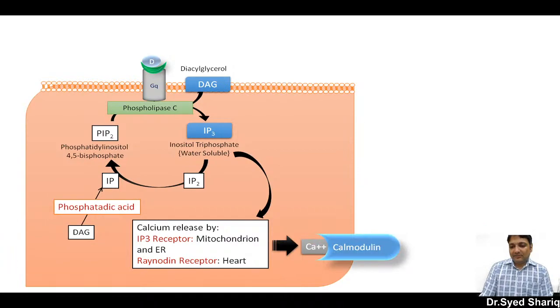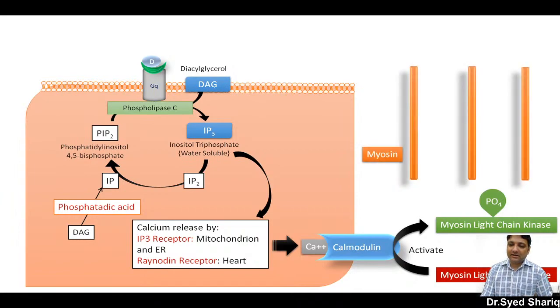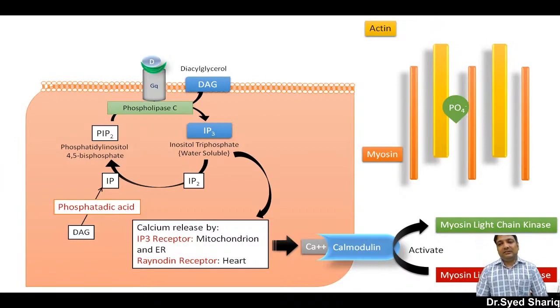The calmodulin-calcium complex then activates myosin light chain kinase. There is myosin, and there is actin. So it causes phosphorylation of the myosin. What it does is that the actin, which is also present in the cell, forms the bridges, and the distance between the myosin and the actin decreases, and therefore there is a contraction.